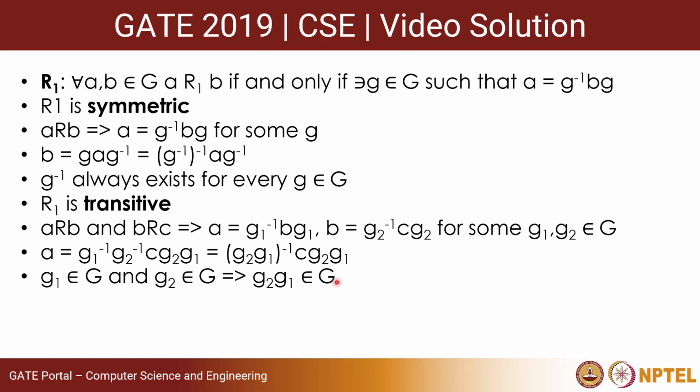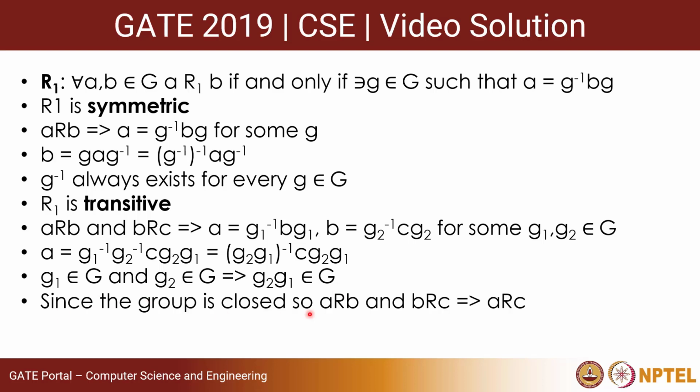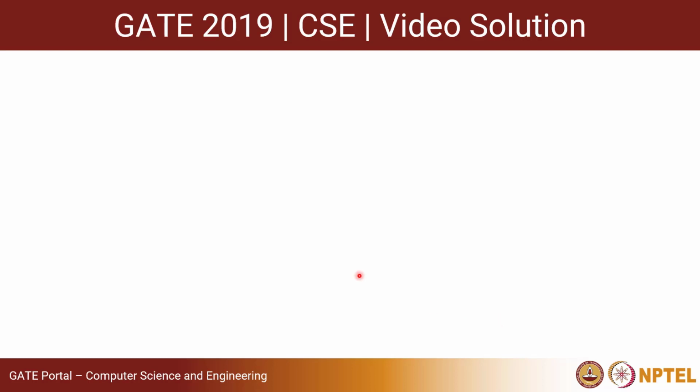Now if g1 belongs to G and g2 belongs to G, the definition of group says that g2 g1 should also belong to G, since the group is closed. So a is related to b and b is related to c means a is related to c, and it is transitive. So R1 is an equivalence relation. It is reflexive, symmetric, and transitive.